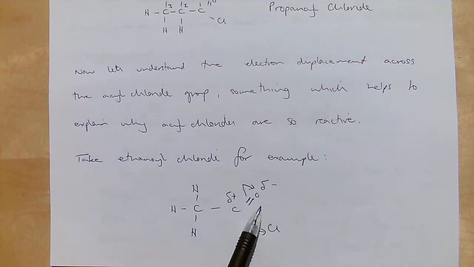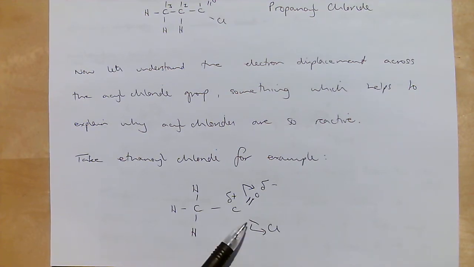We know from previous work that oxygen is a strongly electronegative atom, so the oxygen withdraws electron density from this covalent double bond, quite strongly. So electron displacement across this carbonyl group takes place, and the electrons get drawn towards the oxygen, leaving this carbon delta positive relative to that oxygen, which becomes delta negative.